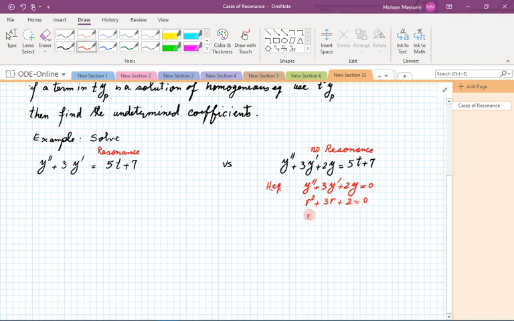We solve that, that's easy, so I get minus 1 and minus 2. I write the solution of the homogeneous equation, which is some factor of exponential of minus t and the other one times exponential of minus 2t.